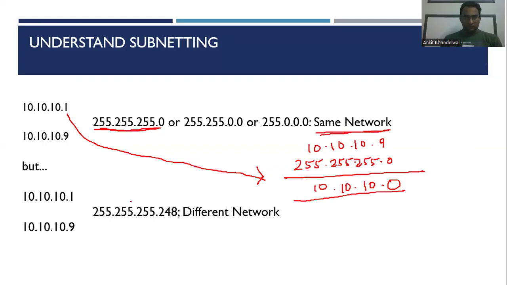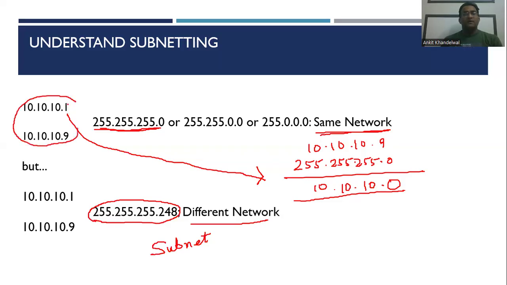Okay. Now, if you are using this particular mask, that is 255.255.255.248, then these two IP addresses will belong to different networks. This is the subnet. Now, see over here, I had two IP addresses in my network. When I was using the default mask, the two devices were in the same network.